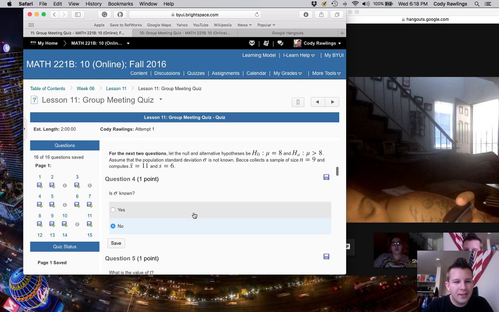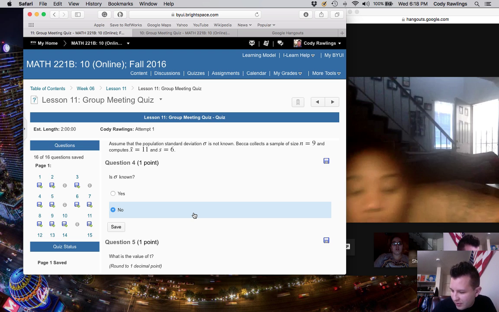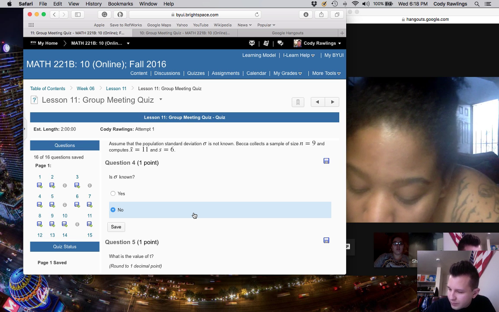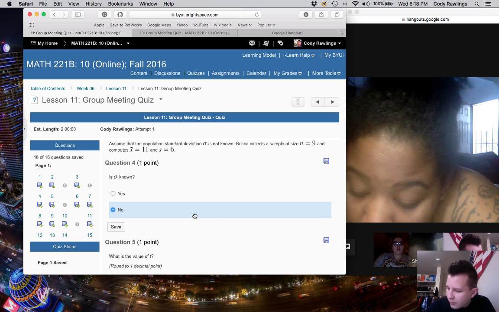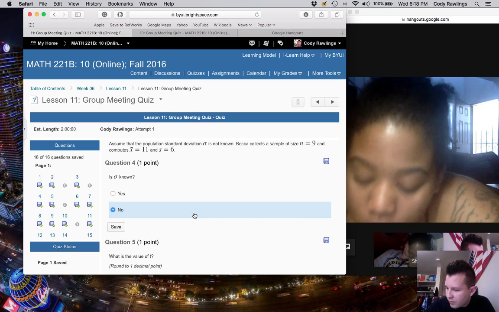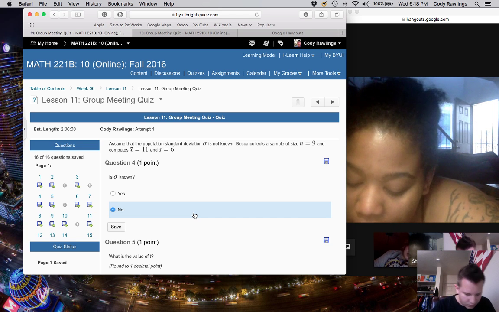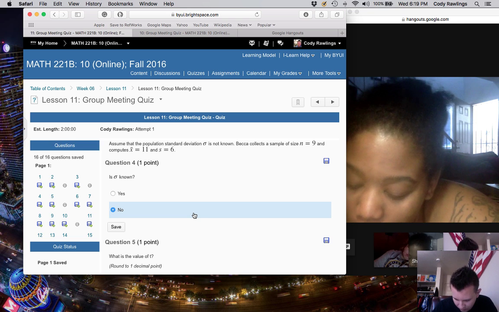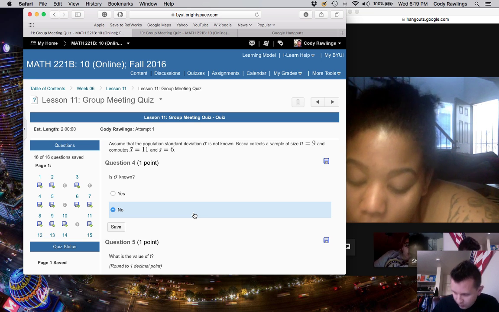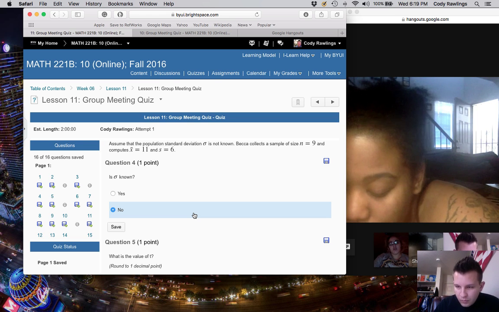Will you say that equation again so I can write it down? I did x bar minus mu divided over s with the square root, multiplied by the square root of n. So I put 11 minus 8 in the numerator and got 3. And for the denominator, it's 6 times the square root of 9, which is 3.